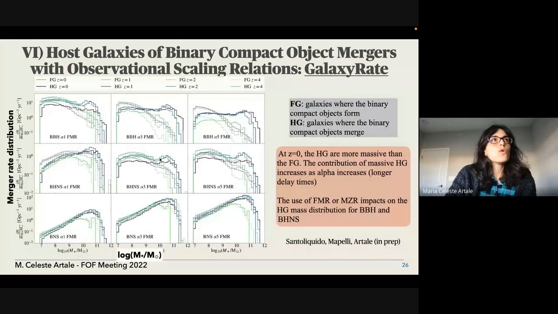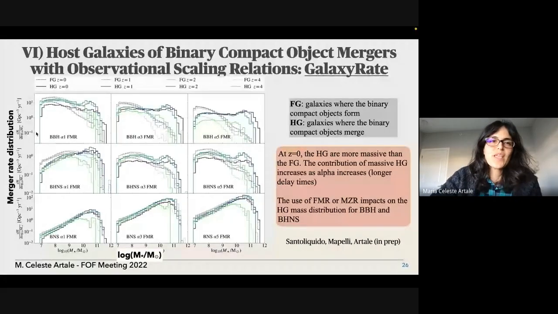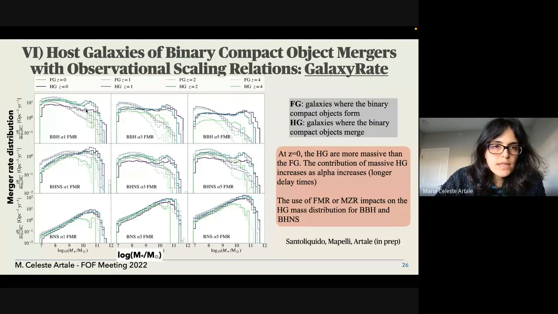I will just show one of the results here. It's a dense plot. FG and AG indicate the properties of the galaxies where the binary compact objects form, and HG is the galaxies where the binary compact objects merge. We investigate this at high redshift, here redshift 4, up to the present, redshift 0. I hope you can see that the filled lines are the host galaxies, and the dashed lines are where the binary compact objects form.